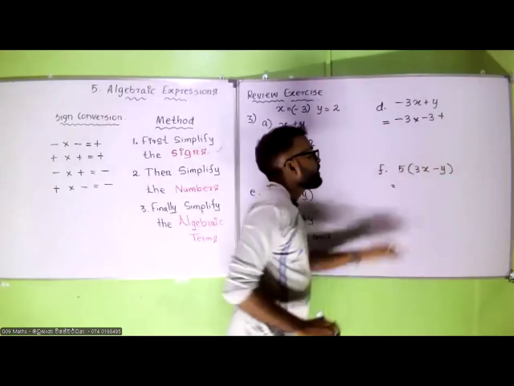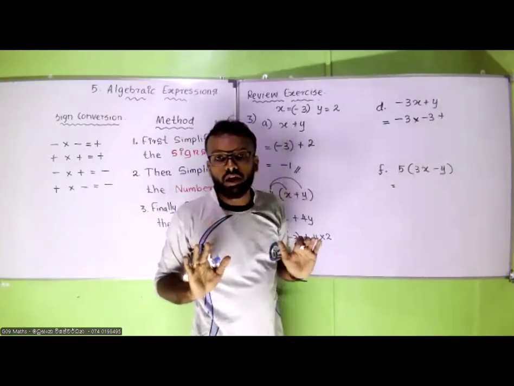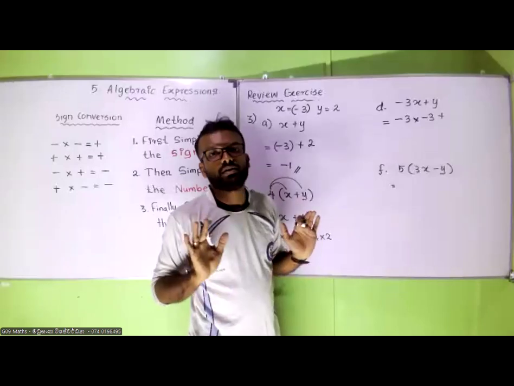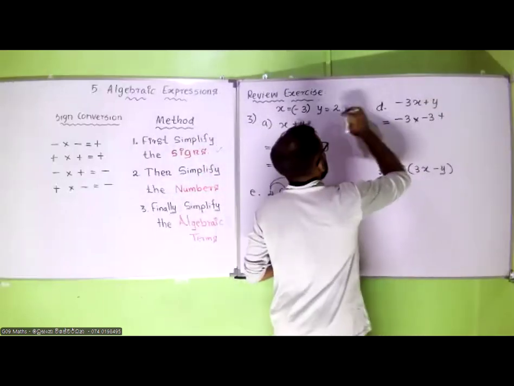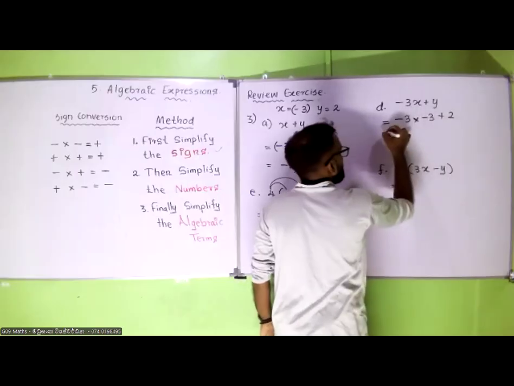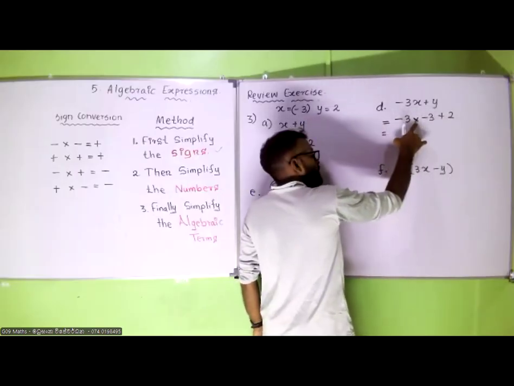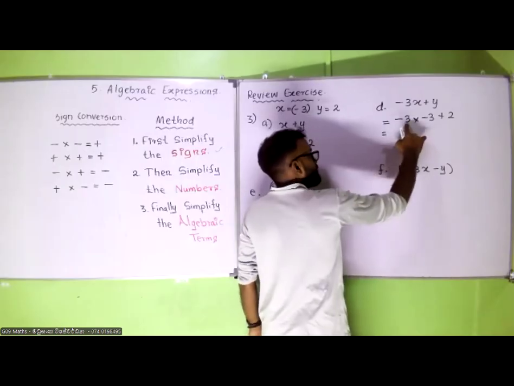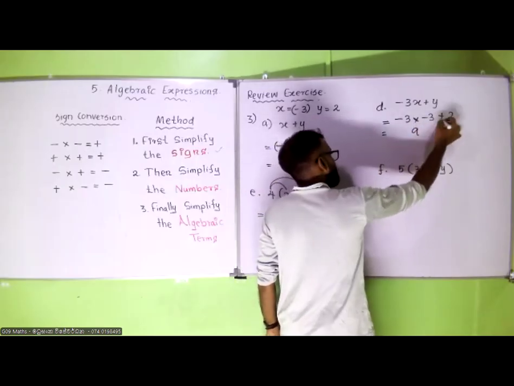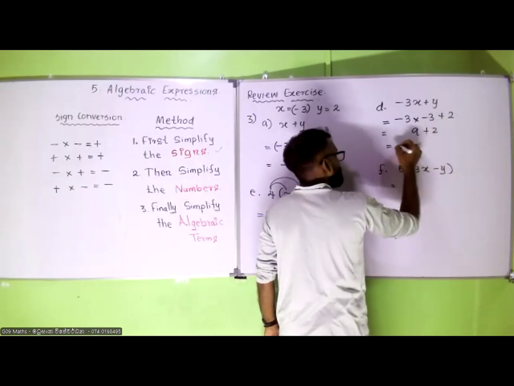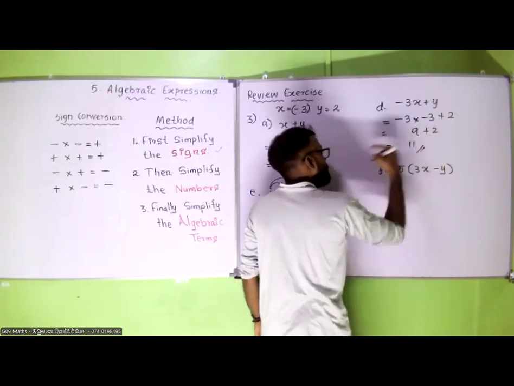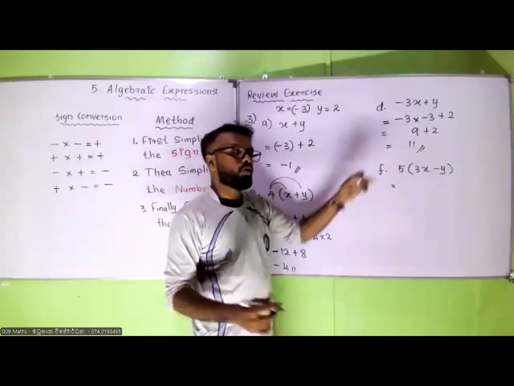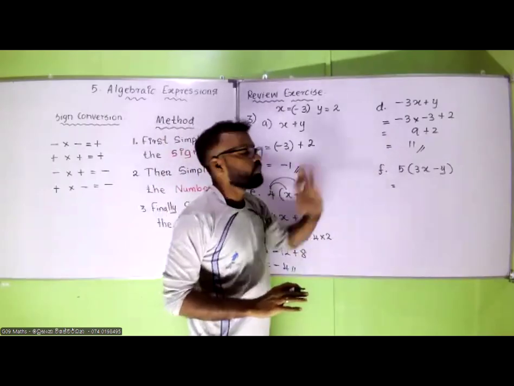But if you are comfortable with this one, that is okay. Again, 2 now. Negative multiplied by negative, positive. 3 times 3, 9. 9 plus 2, 11. I am not going to put positive 11 because it is already automatically positive.